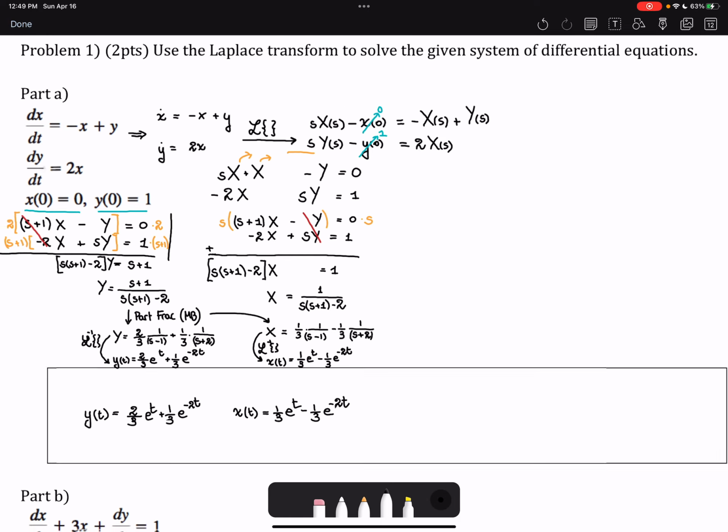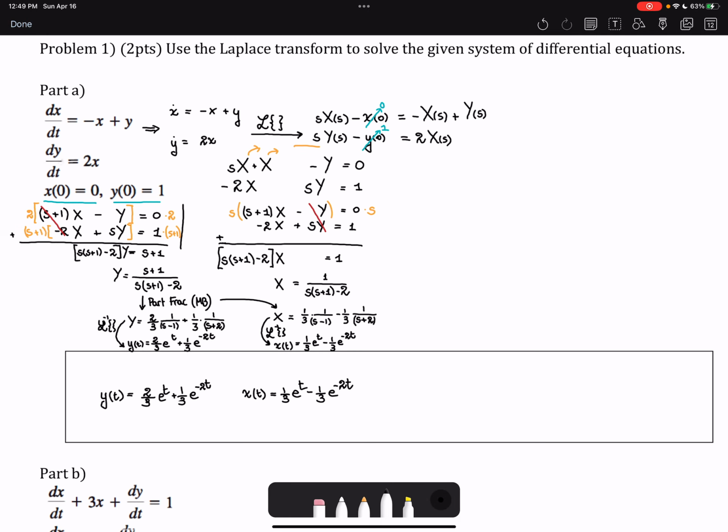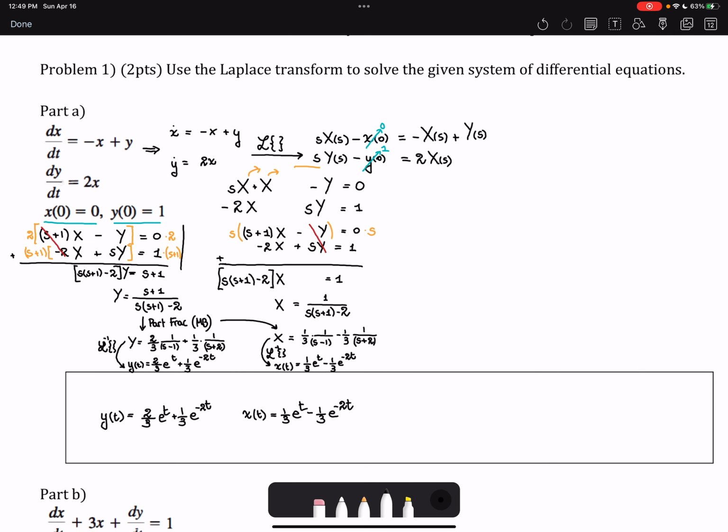And now I'm going to show you in the second portion of this problem how to check your result in MATLAB to make sure we did it correctly. So I'll see you there.